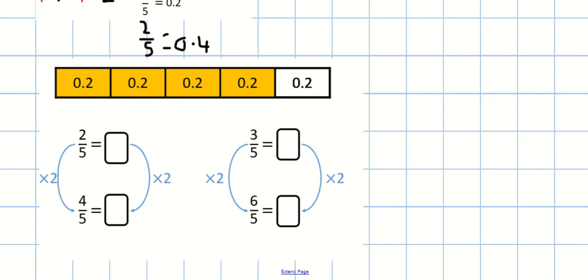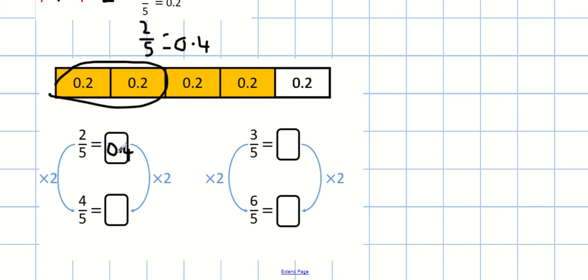Let's have a think about this then. 2/5, as we just discussed, is 2 lots of 0.2 all together. So we've got 5 parts here, each equals 0.2. 2/5 is going to equal 0.4. What do you then think 4/5 is going to equal?